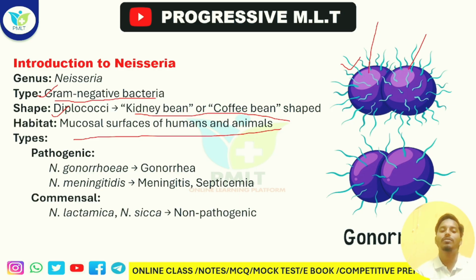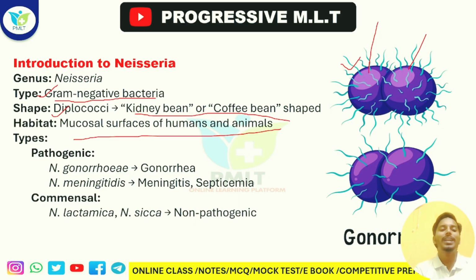We are discussing the pathogenic Neisseria, because if they are not causing any disease, why would we study the particular organism? They are good, right? We should not study them.